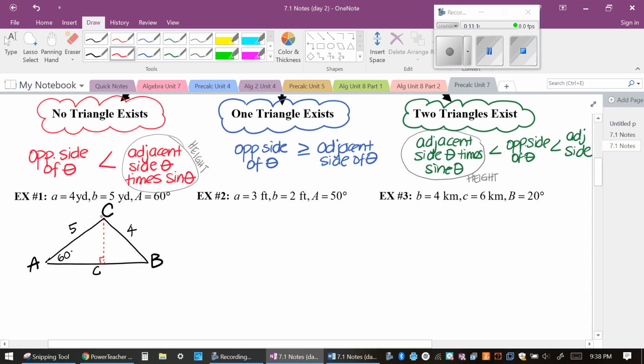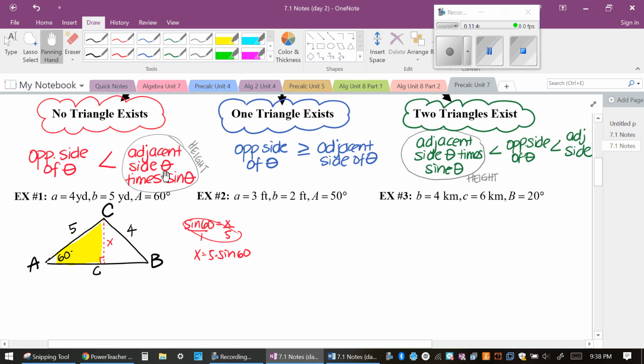So if we just focus on this triangle and use opposite over hypotenuse to find it, I'm going to do it really quick. You don't need to write this down, but the sine of 60 equals opposite over hypotenuse. Cross multiply, you see that it's 5 times sine of 60. So that's where this comes from.